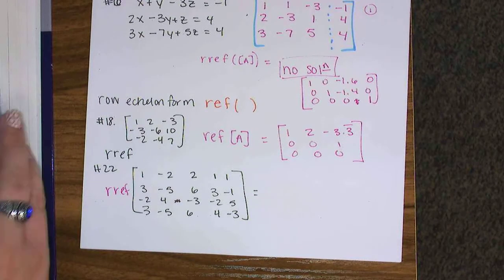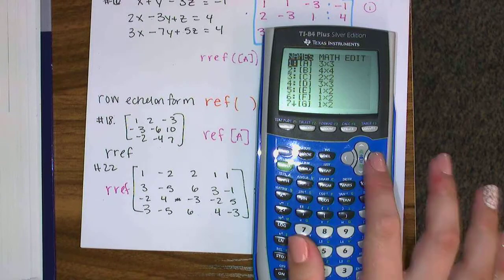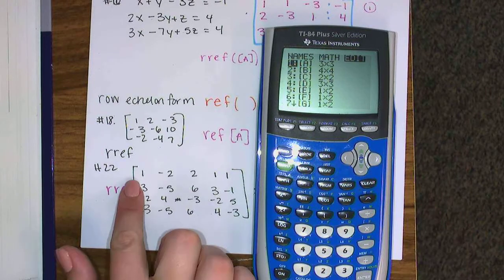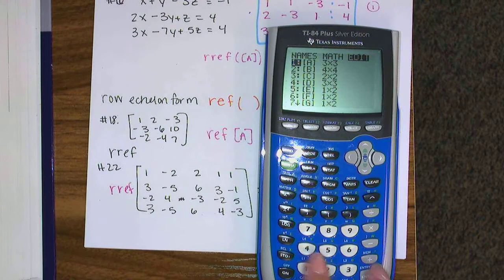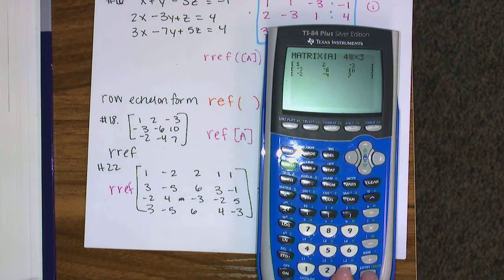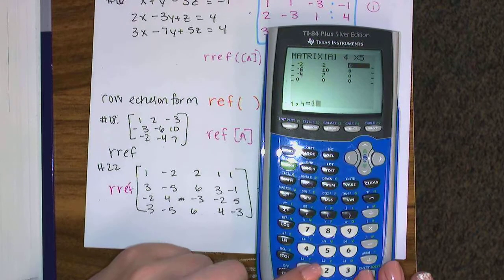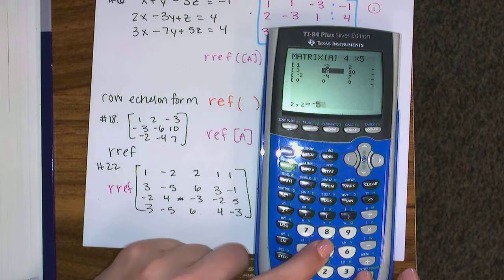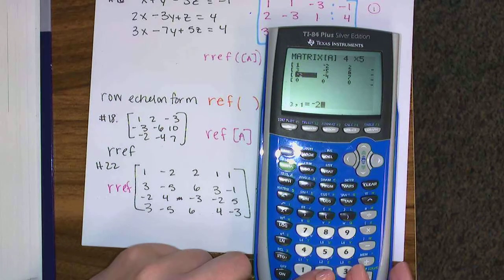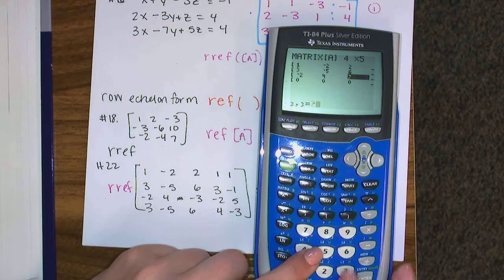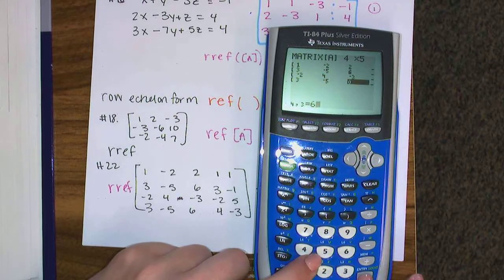So then I'm going to go to my matrix and I'm going to plug everything in. So now I have a 1, 2, 3, 4 by 1, 2, 3, 4, 5. So I'm going to have a 4 by 5. 1, -2, 2, 1, 1, 3, -5, 6, 3, -1, -2, 4, -3, -2, 5, 3, -5, 6, 4, -3.